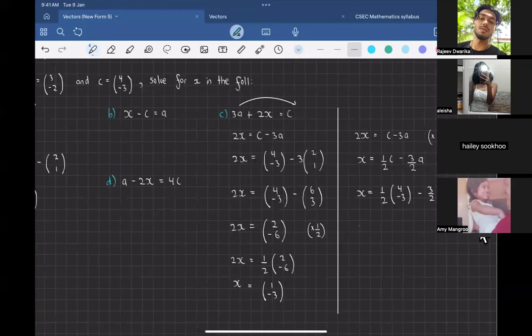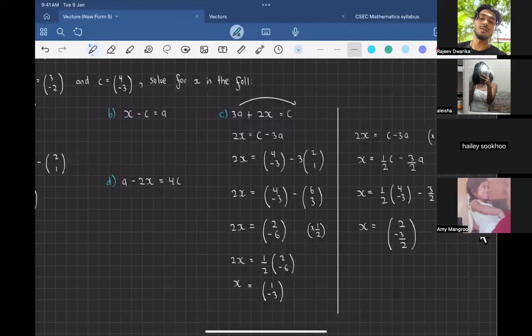Right? So here, what do you do from now? Alicia, what is a half by 4? You're going to multiply everything inside by a half. 1/2 by 4 is 2. A half by minus 3 is minus 3 over 2.